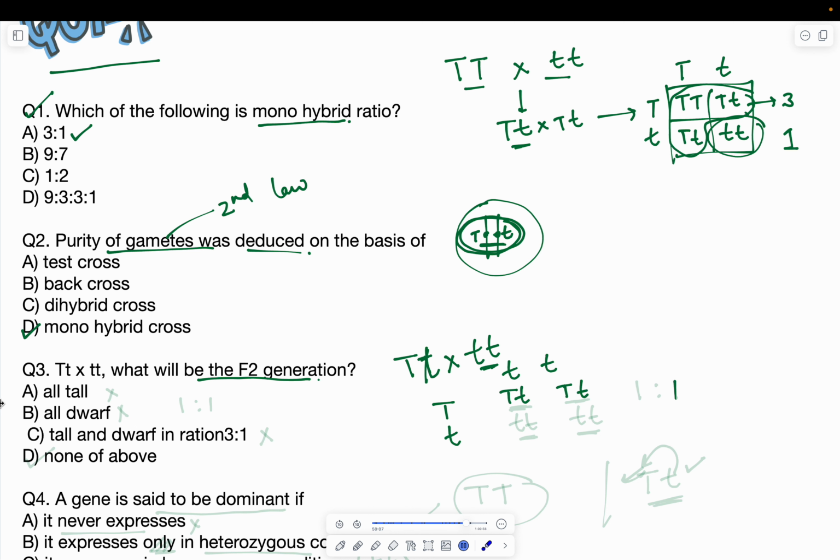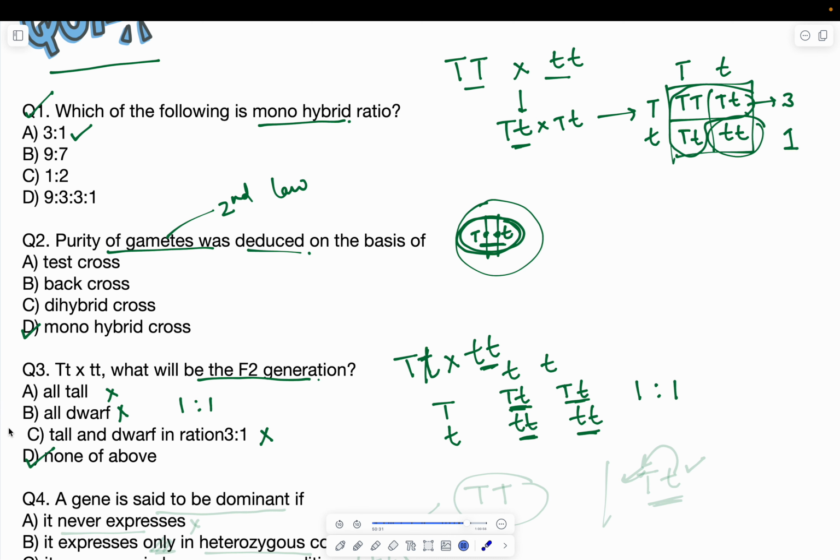There are individuals who are tall, and there are individuals who are dwarf. So the ratio is 1:1. Tall and dwarf in the ratio of 3:1 is wrong. Are they all tall? No. All dwarf? No. So tall and dwarf are in the ratio of 1:1. So the answer is none of the above.